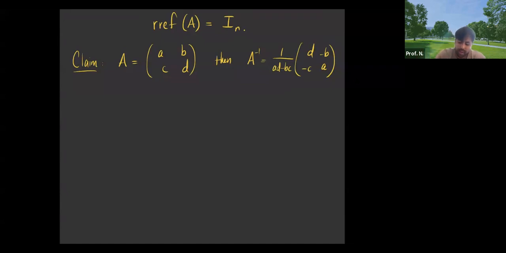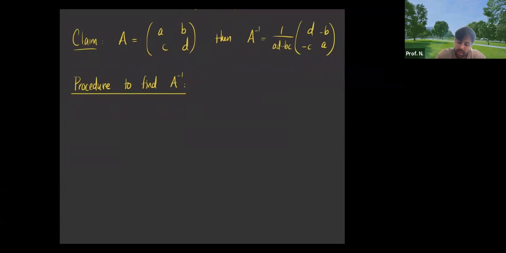So what's the procedure to find A inverse? I already know what it looks like. I want to see if this is indeed true. So let's do it. I want to do A augmented with I, right?